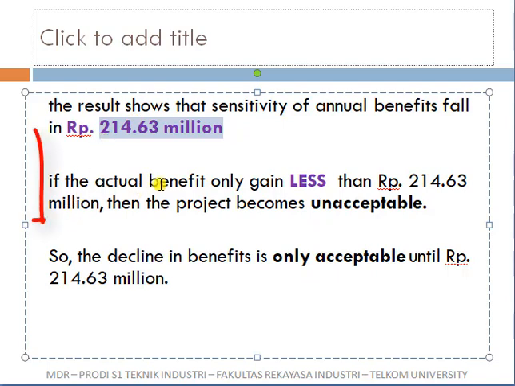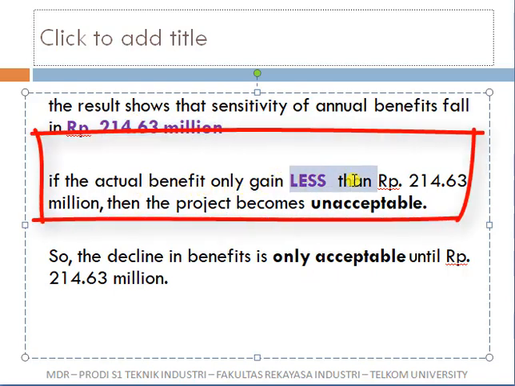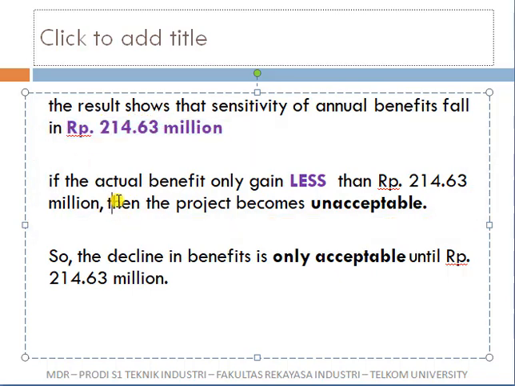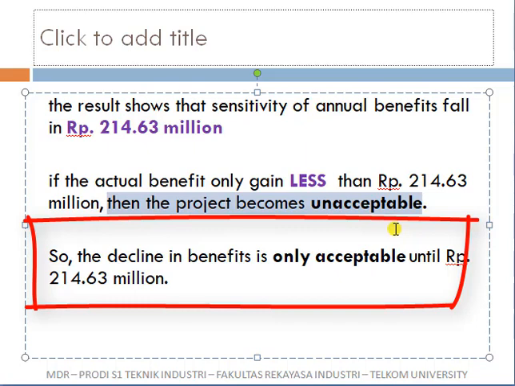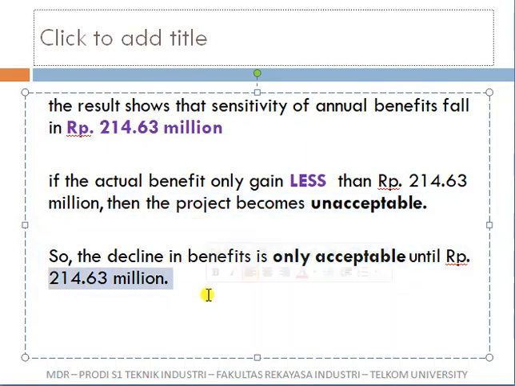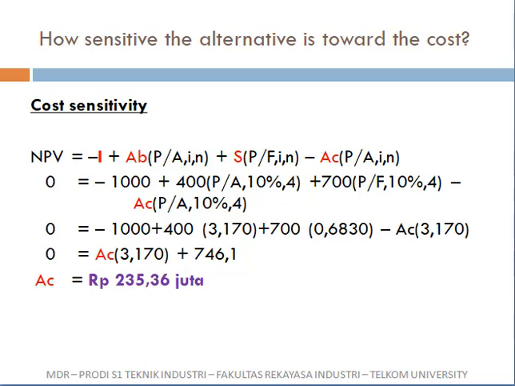So if the actual benefit only gains less than this sensitivity level, then the project becomes unacceptable, so it's no longer profitable. The decline in benefit is only acceptable until this value, which is 214.63 million.